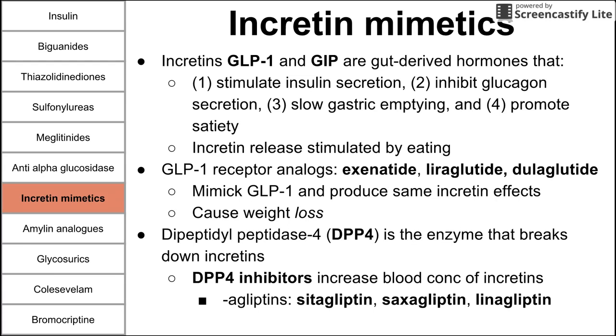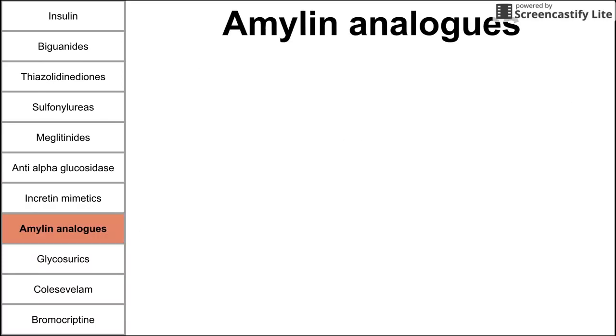So the drugs that inhibit DPP4 are the gliptins. So we have sitagliptin, saxagliptin, and linagliptin. These are the DPP4 inhibitors that block the breakdown of incretins. And these are also administered orally.